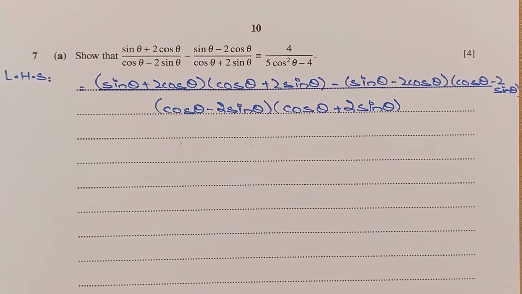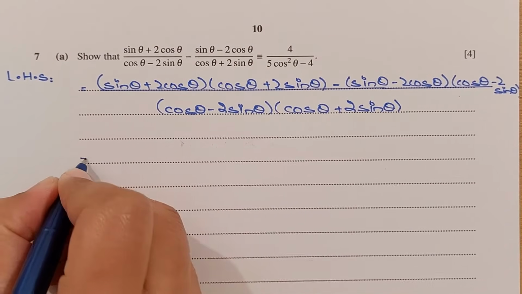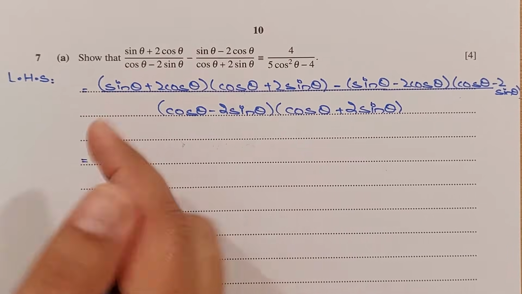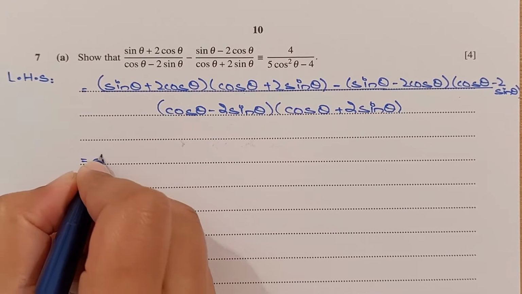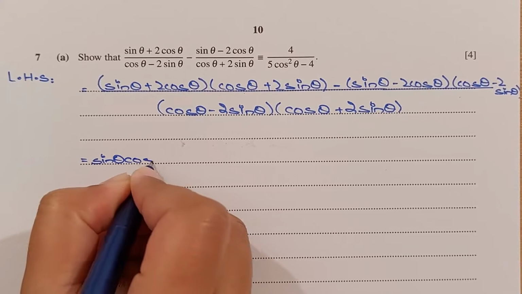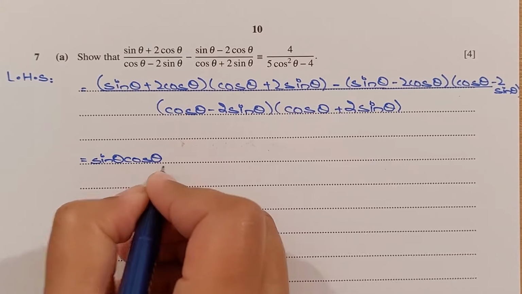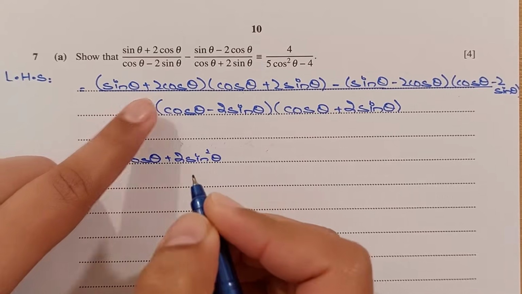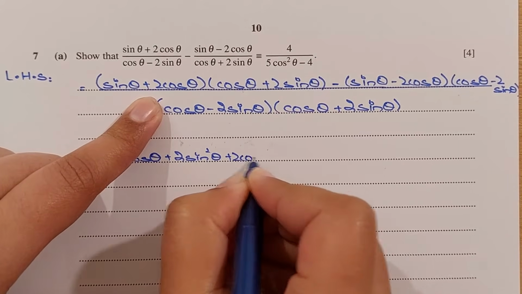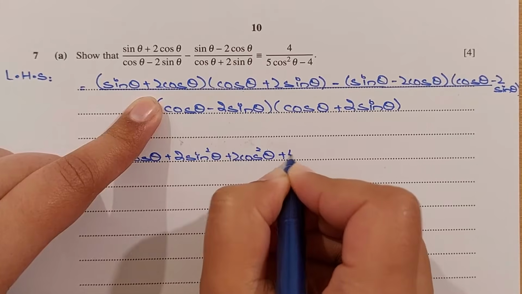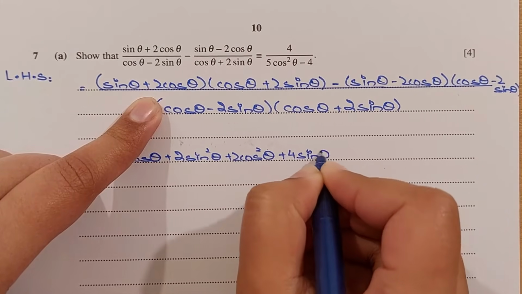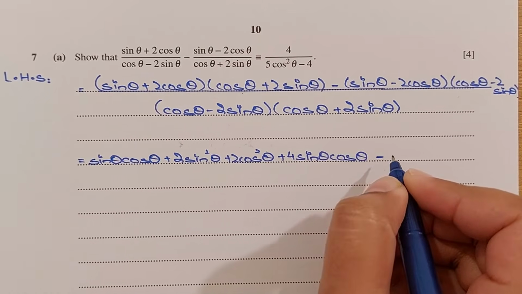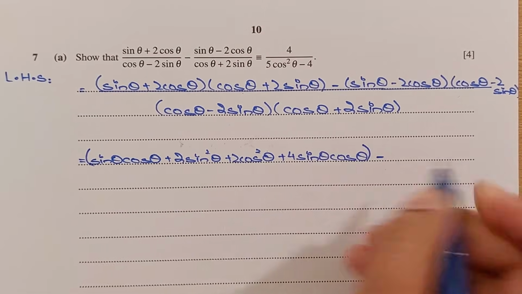Right, okay, let me simplify the numerator by multiplying it. So we have sin theta times cos theta, so sin theta cos theta, and 2 sin square theta, and plus 2 cos square theta plus 4 sin theta cos theta, minus, okay, let me keep the minus outside.